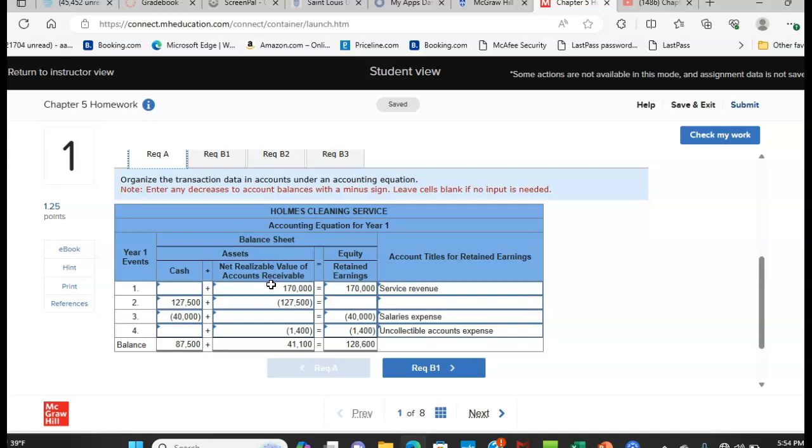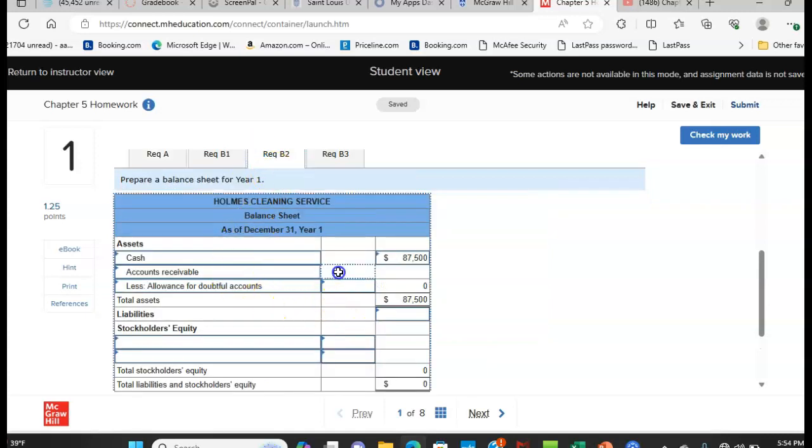That's what it's here for. So let's see, we're taking the $170,000, 170 minus the 127,500. So account receivable would be 42,500, but less the allowance for doubtful account, which was 1,400. And make sure it's been subtracted. So total assets were 128,600.